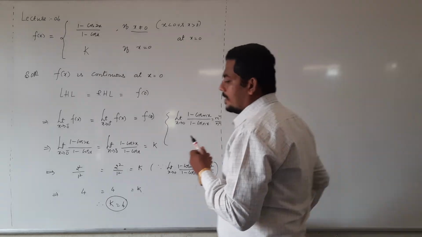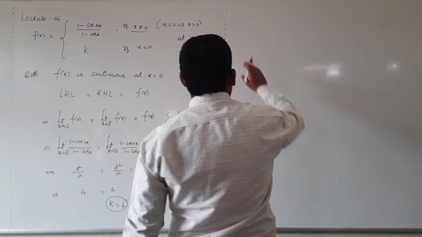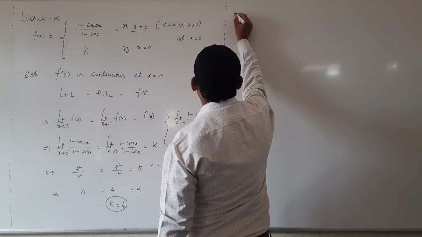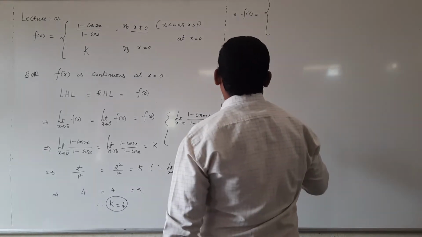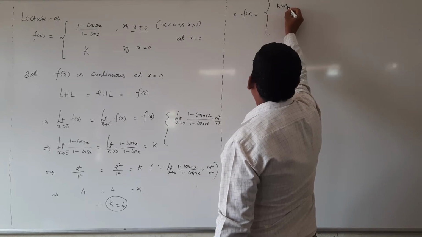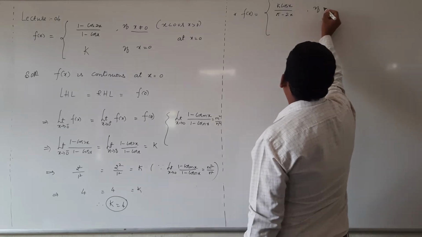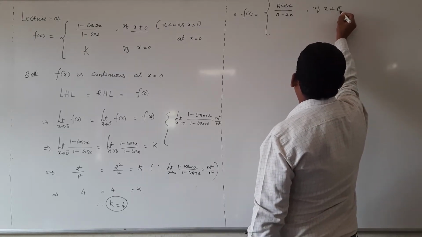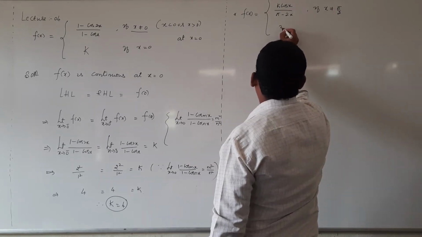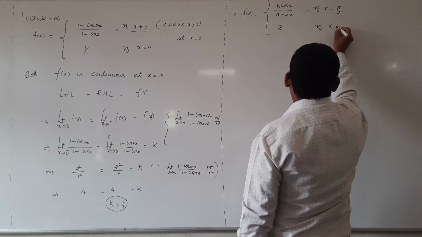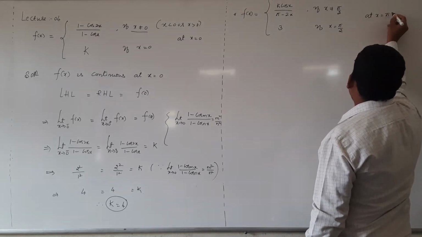Next question, find the values of k so that the function, next problem, f of x equal to k into cos x divided by pi minus 2x if x not equal to pi by 2, and 3 if x equal to pi by 2, is continuous at x equal to pi by 2.